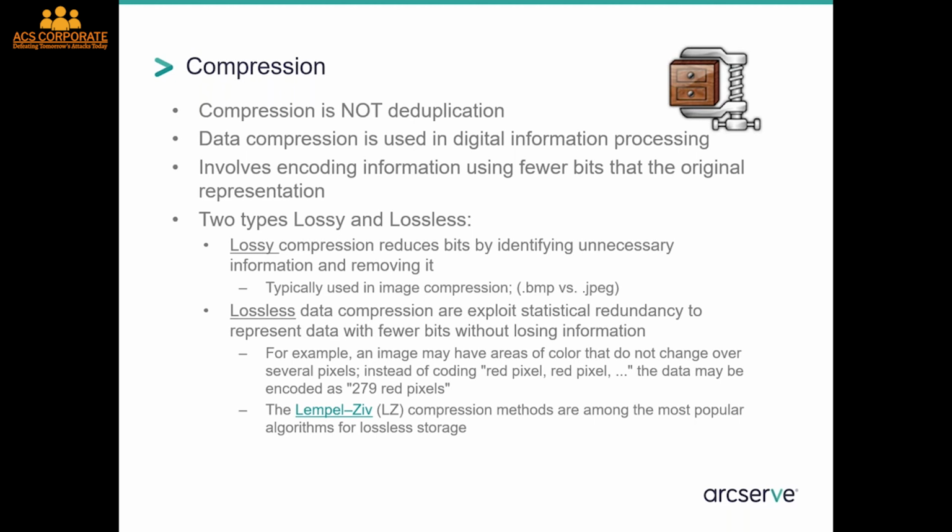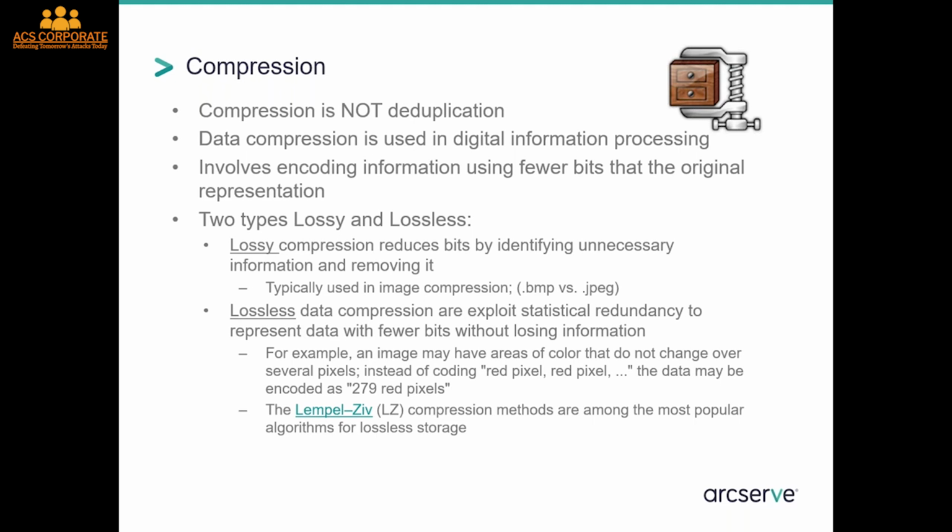So when you extract the file, it will put the file back together exactly the way it was before it was compressed. There are basically two types, what we call lossy and lossless. Lossy compression reduces bits by identifying unnecessary information and removing it, which is the way I was just describing it. It's typically used in image compression, bitmaps, JPEGs, and large CAD files compress very well as well.